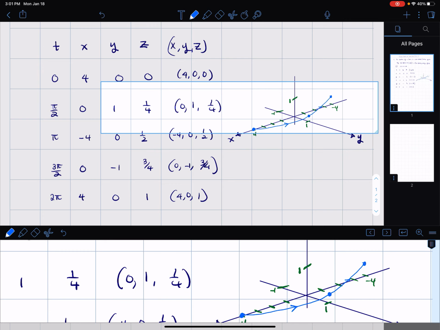Okay, 0, negative 1, and 3/4 is somewhere here. All right, so you see what's going on? So we're going to go like this.